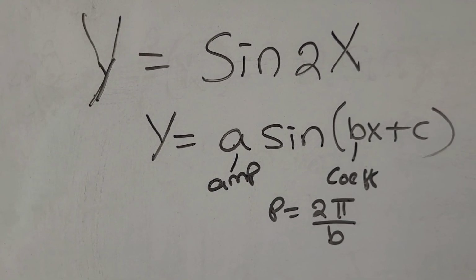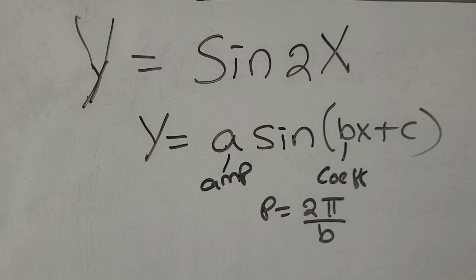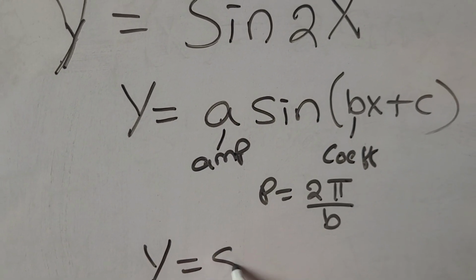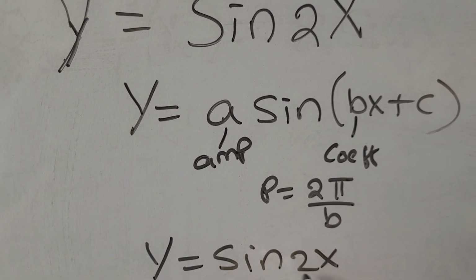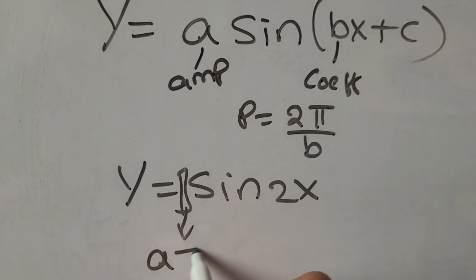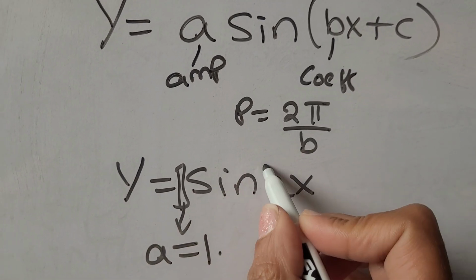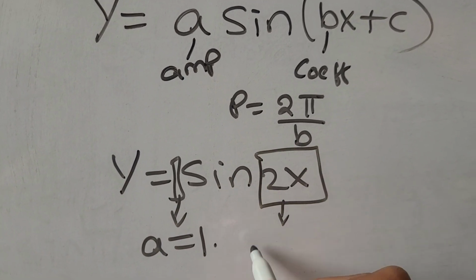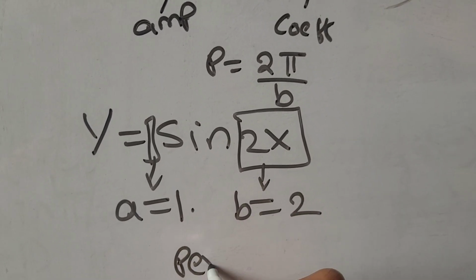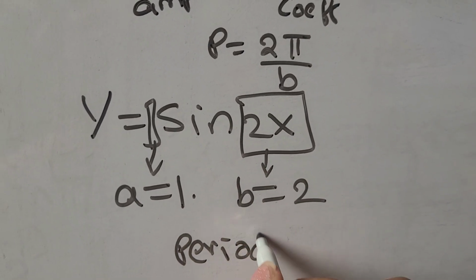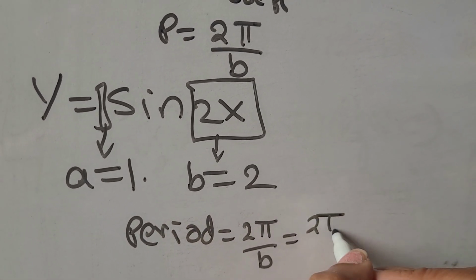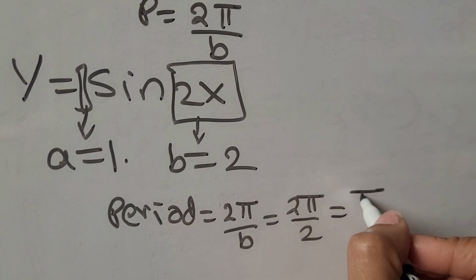So now we are going to compare this standard equation with the given equation. When you observe the equation below, y equal to sine 2x, for a I have the value as 1, so the amplitude is 1 here, and for the coefficient of x the b value is 2, hence the period is 2 pi by b, which is 2 pi by 2, which is pi.